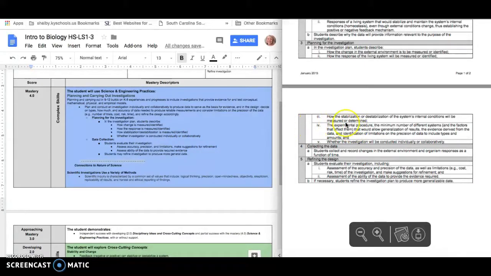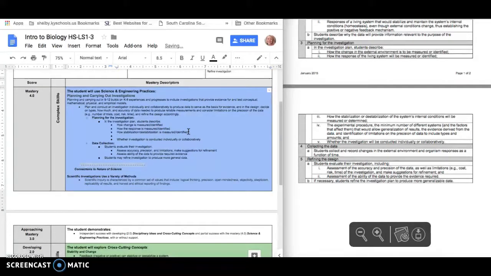And I think I left this out, and I need to go back and put that in. This needs to be experiment procedure. Let's see, how would I do this?